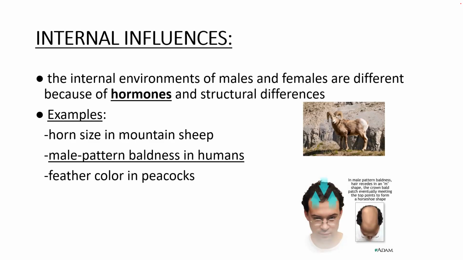Now it also mentions internal influences. So we have here internal environments of males and females are different. Of course, it's going to be because the hormones and the structures are different. I want you to understand that there's no such thing as a male hormone or a female hormone. We simply have hormones, right? The structures in males and females, some of them are a little different.